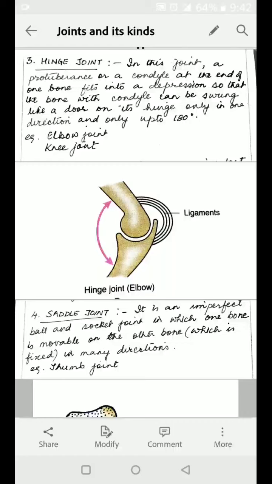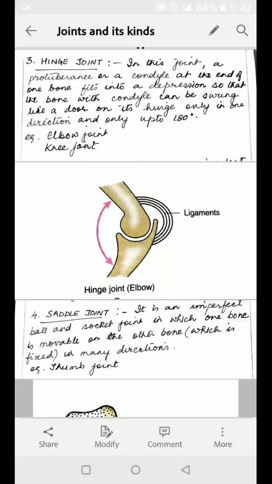Examples of hinge joint are the elbow joint between the upper arm, that is the humerus, and the forearm, which is mainly the radius and ulna bones.